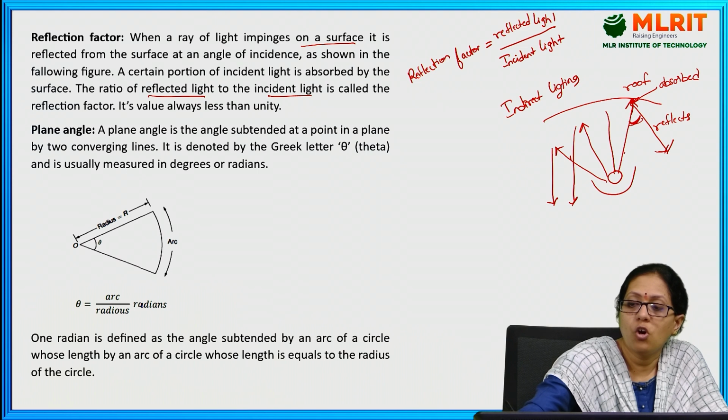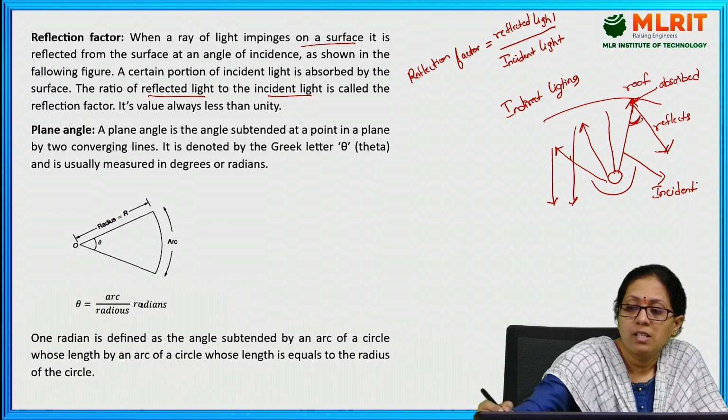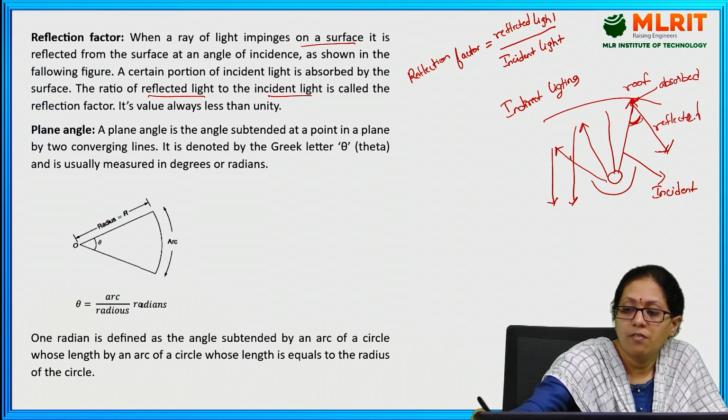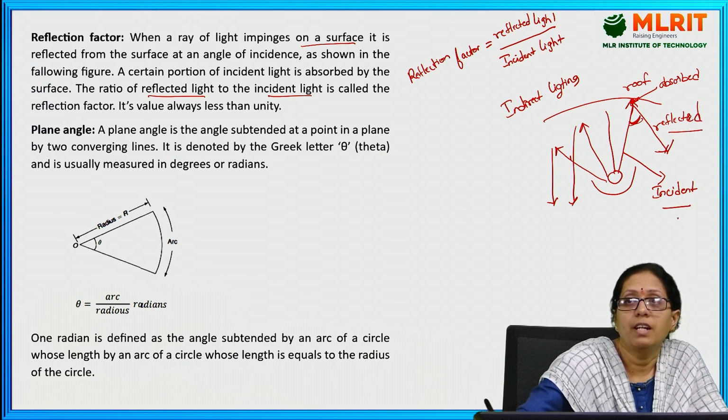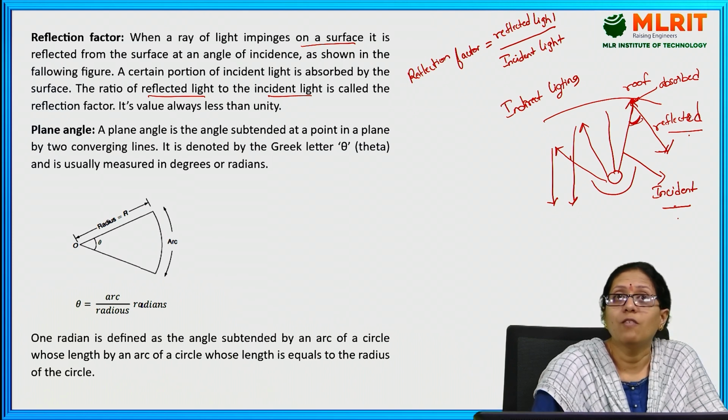Means ratio of this particular, this is your incident light, this is your reflected light. Ratio of these two will give you the reflection factor.